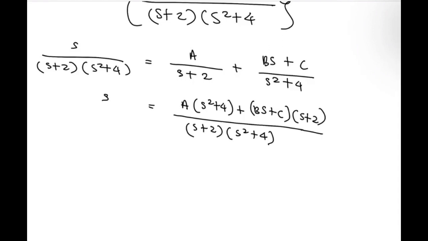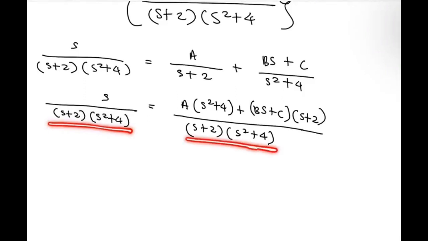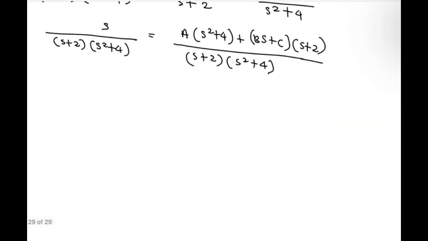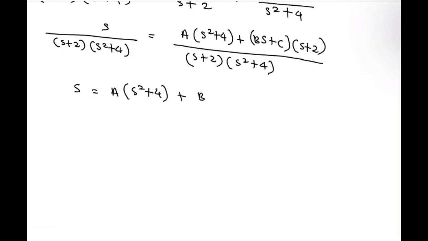Since the left side and this expression are equal with s plus 2 times s squared plus 4, that means this one and this one are equal. So we can write s equal to A multiply s squared plus 4 plus Bs plus C multiply s plus 2.